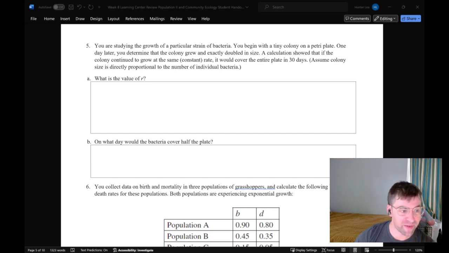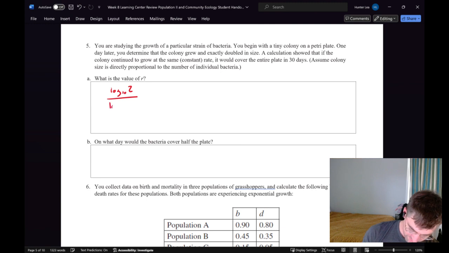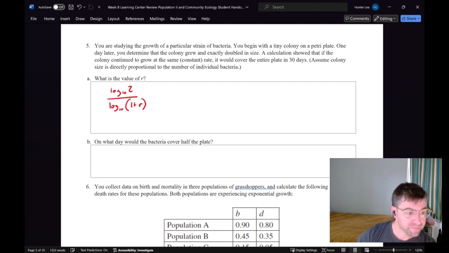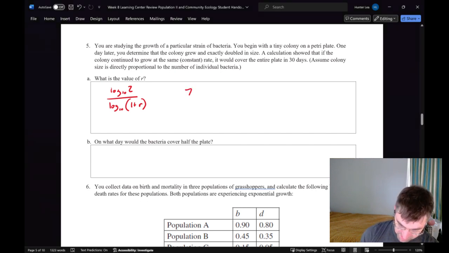To answer this, we can just go back to question 4. If you know r, then the doubling time is log base 10 of 2 divided by log base 10 of 1 plus r. And this can also be estimated by using that 70 formula. So 70 divided by the percent increase.